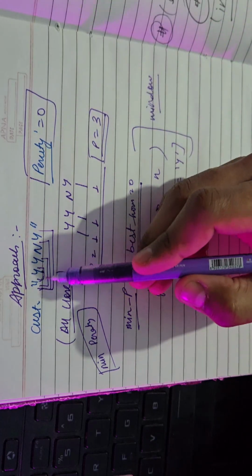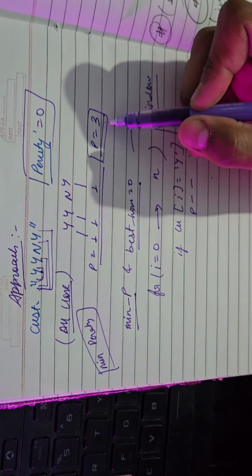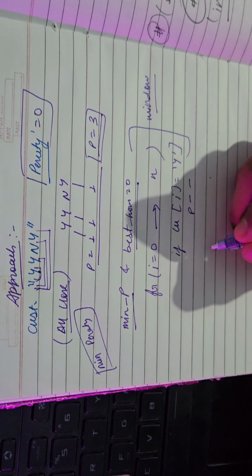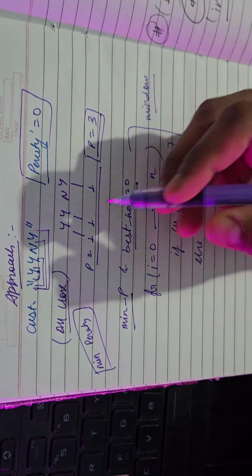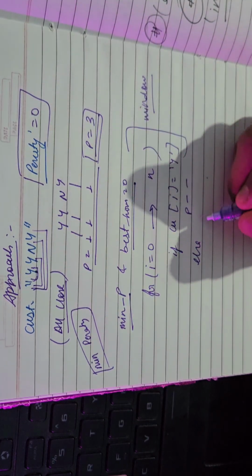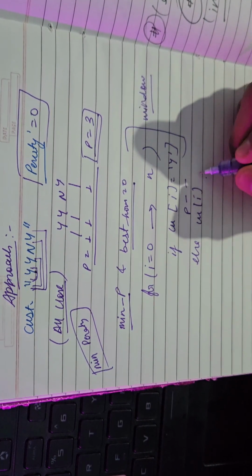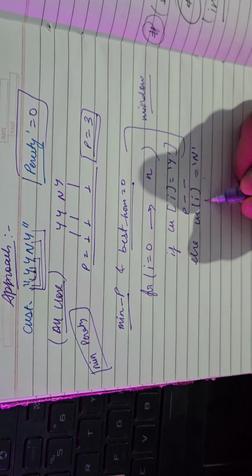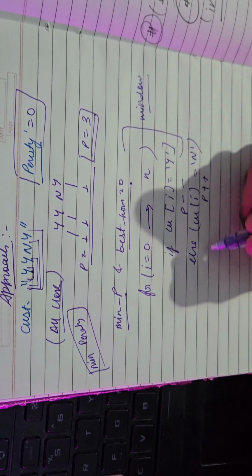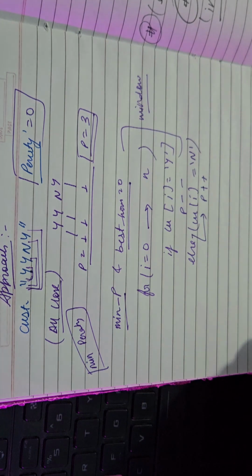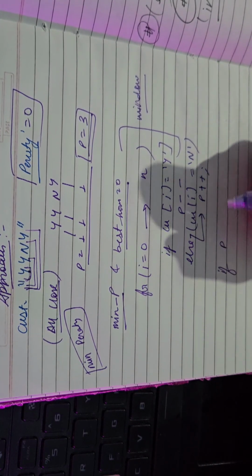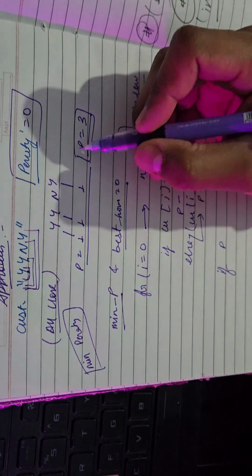Then again we increase the window size, and again decrement the penalty. So this will decrement the penalty if there is a Y, but there is also a catch. Else, if there is an N, then we increment the penalty. So this is the condition for if, and this will be the condition for else, where we increase the penalty by 1.